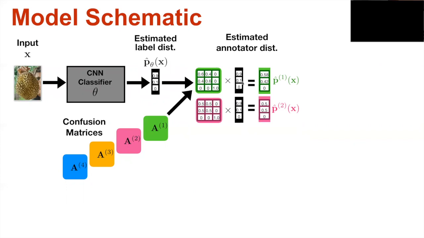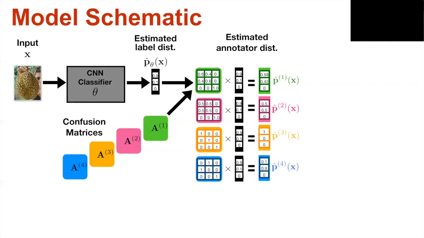In other words, each annotator's distribution is modeled as a corrupted version of the ground truth label distribution via the noisy channel of the confusion matrix. So we define the estimated annotator distributions for the annotators, and then we compute the cross-entropy loss between the estimated annotator's distribution and the real noisy labels that came from the corresponding annotator.